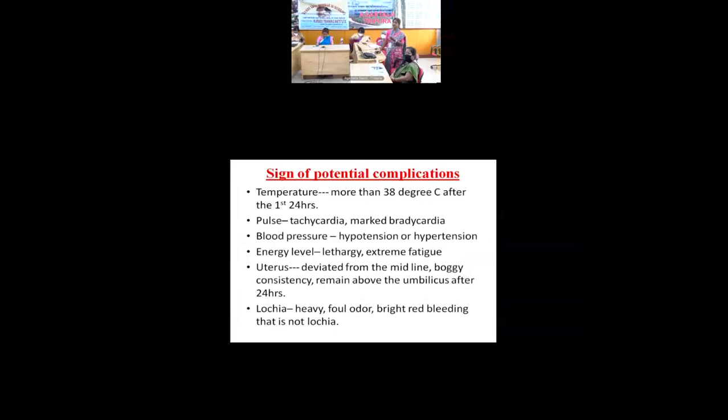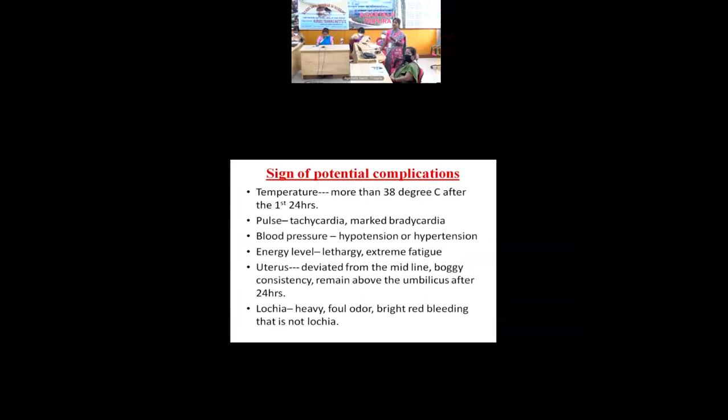If the temperature is not going normally, then there may be some chance of infection or some deviation from normal. So a temperature of more than 38 degrees centigrade after the first 24 hours, whereas we know the normal temperature is 37 degrees centigrade, may be a sign of complication.